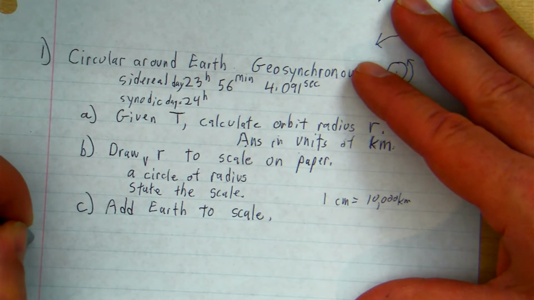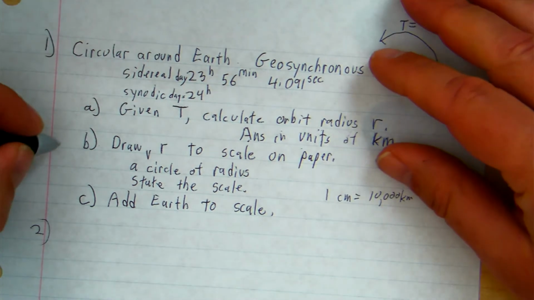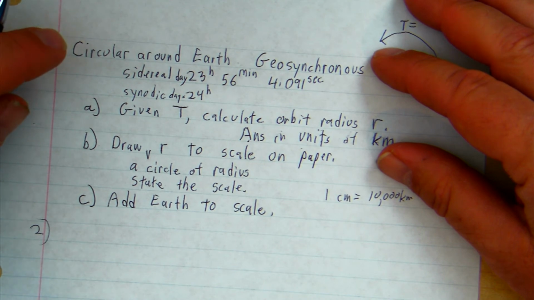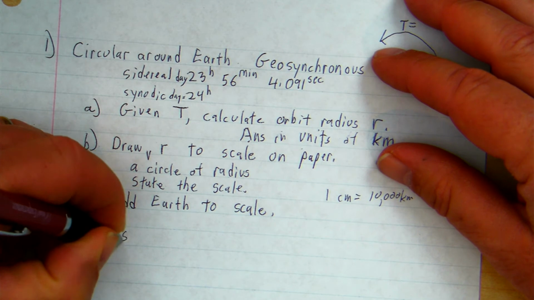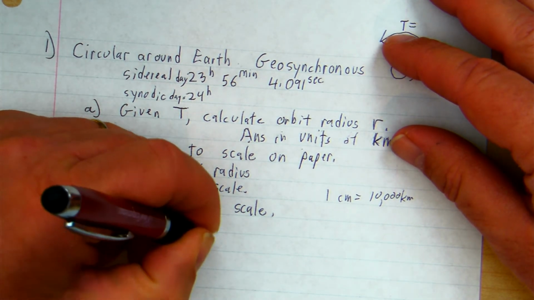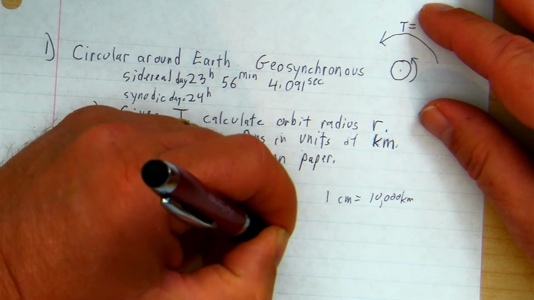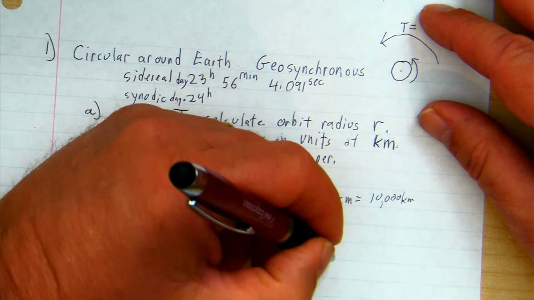Problem 2. The ISS orbits at h equals 410 kilometers.